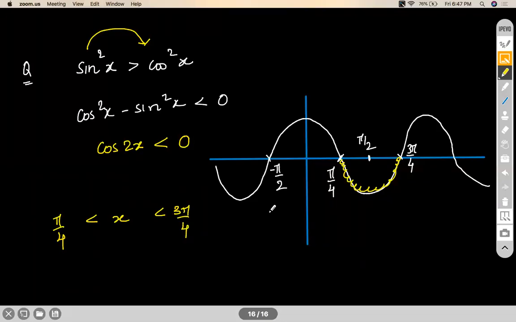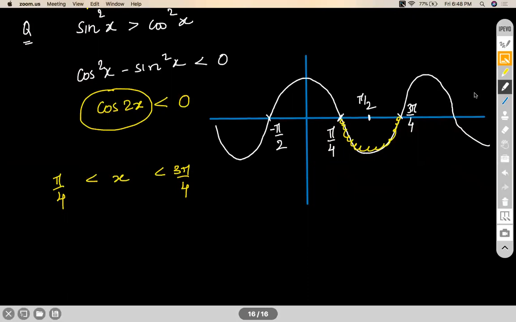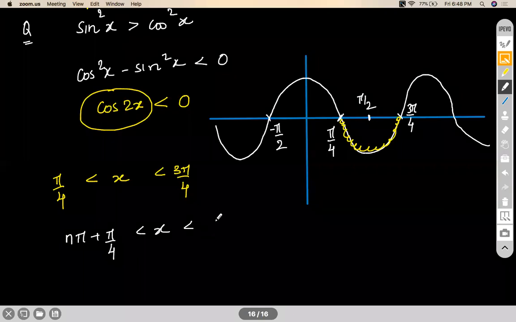Correct? Now, what is the period of this function? Anybody can tell me the period of cos 2x? Yes, period is pi. Right? So your answer will be your x should lie from n pi plus pi by 4 to n pi plus 3 pi by 4.